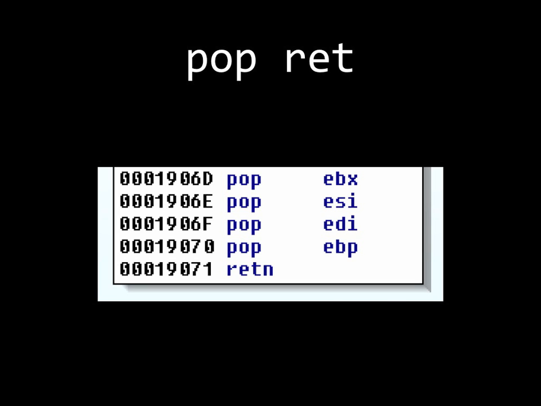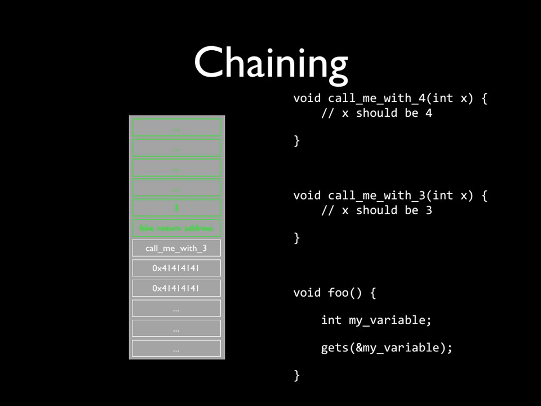It's going to be somewhere in the middle of some function, and we're going to return to that offset of a function that does the pop pop ret, and we're going to pop 3 off the stack, move the stack pointer up, and return to the next thing on the stack. And indeed, we can return to call_me_with_4, and again with the fake return address and so on. And so now look, we have 2 functions and 2 stack frames that we can call.